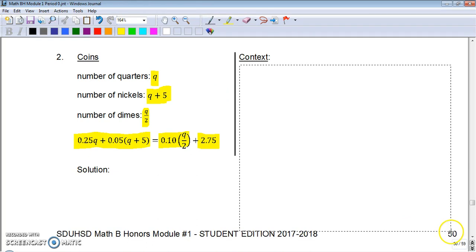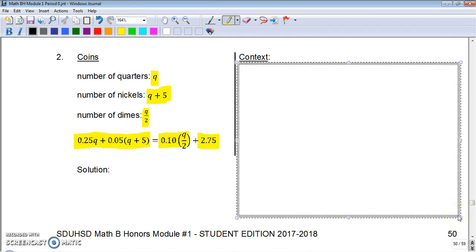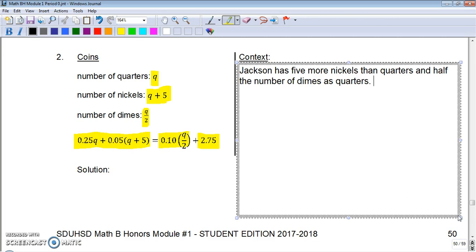We want this to sound like a word problem as well. So we'll say something about Jackson has 5 more nickels than quarters and half the number of dimes as quarters. So we'll just hit all of the 3 let statements.